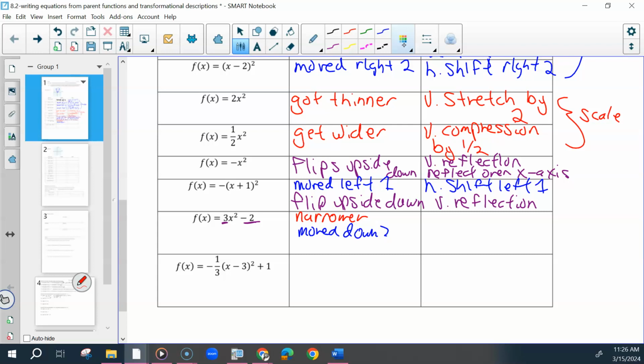It would be a vertical stretch by 3. And then the move down, what would that rule be? Vertical shift down.